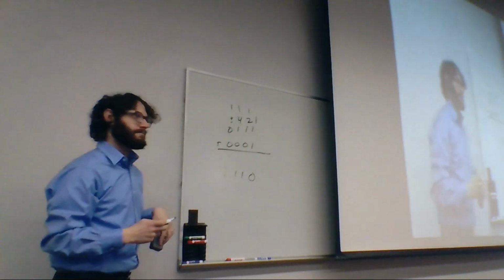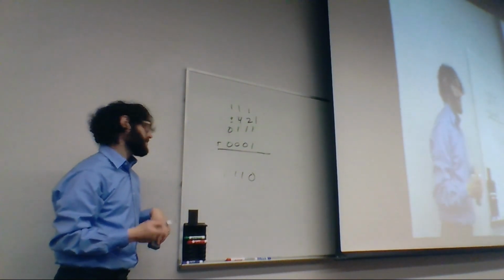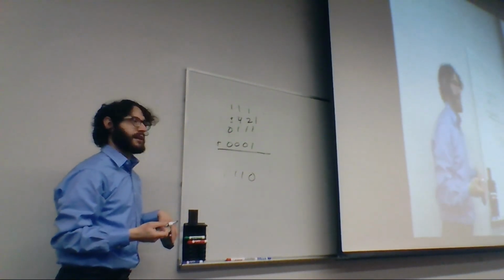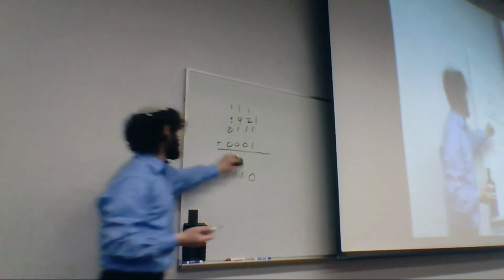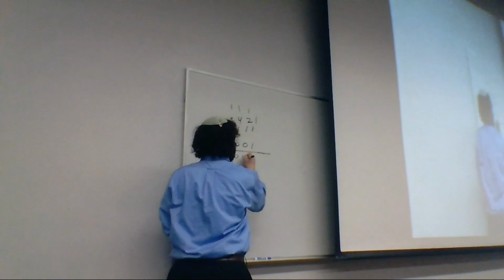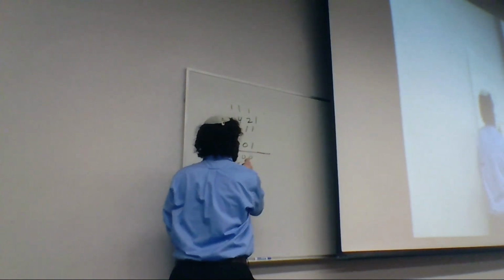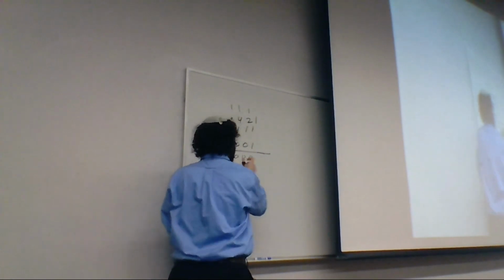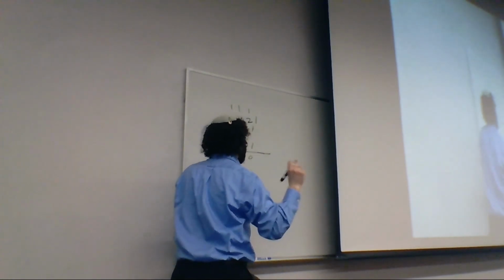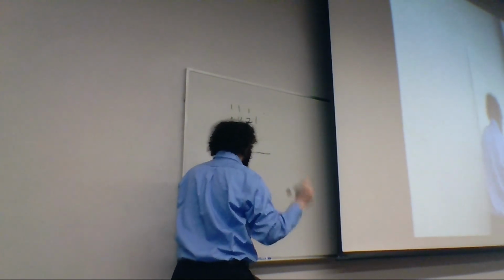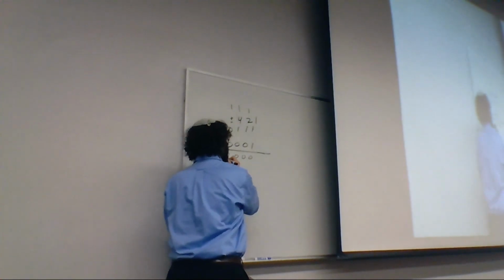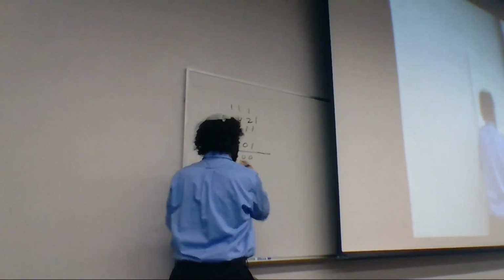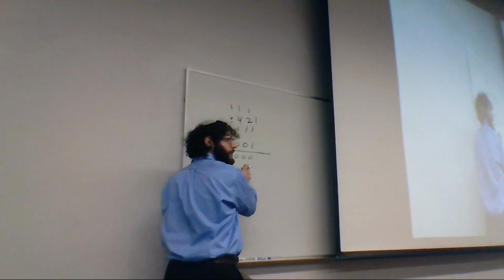So we get this number, which is -6. Well, actually, sorry, I messed that up. Forgot how 2's complement works for a second. To figure out what this number is, we flip the signs and add 1 to it.